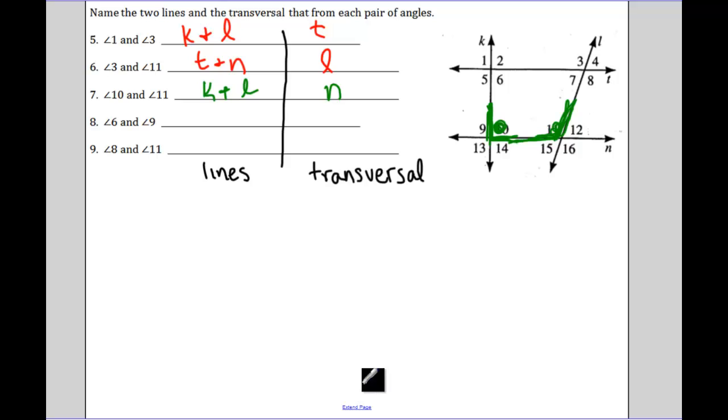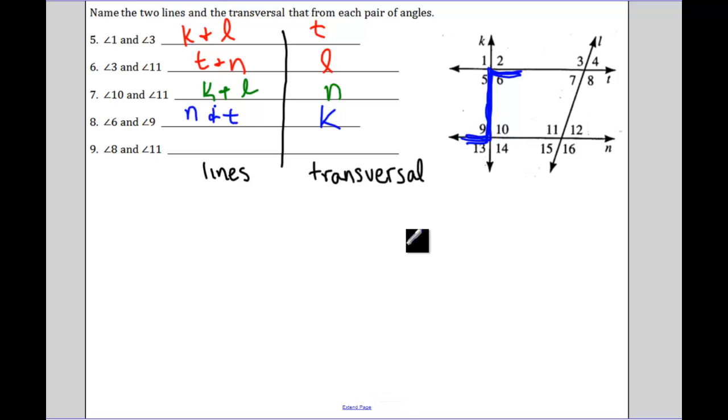All right, 6 and 9. So angle 6 and angle 9, well, which line am I tracing over twice when I'm tracing through my angles? Tracing over K twice. So that's our transversal. N and T are the other 2 lines.